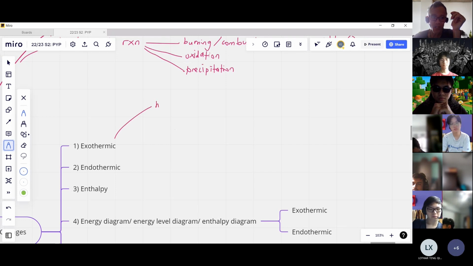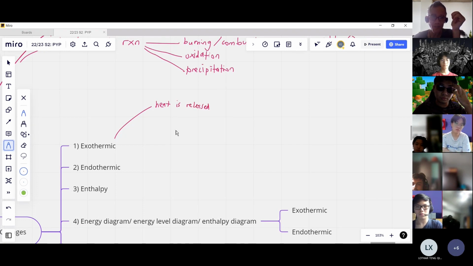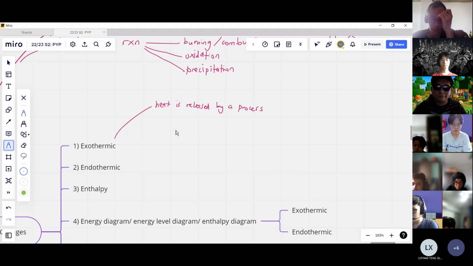Exothermic means heat is released or given off by a process. Yeah, please get it right now. Don't confuse the two terms. Exothermic, heat is given off.